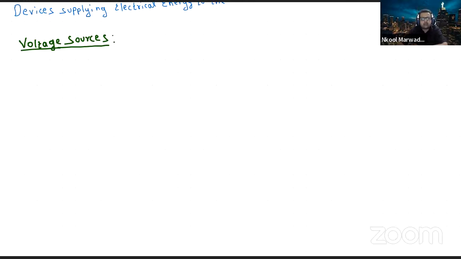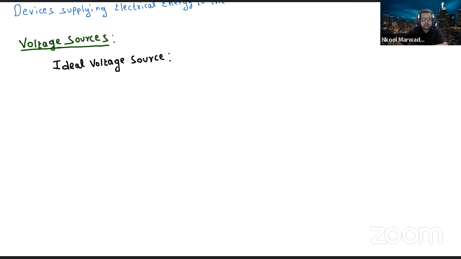Now let us look at the meaning of an ideal voltage source. What we mean by ideal voltage source. Now very interesting observation we are making.